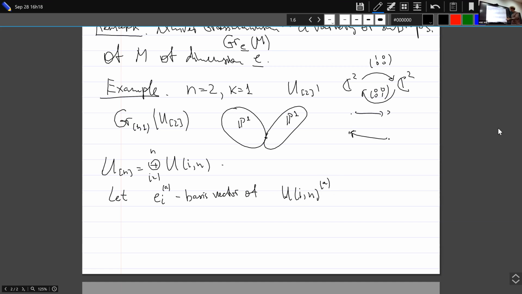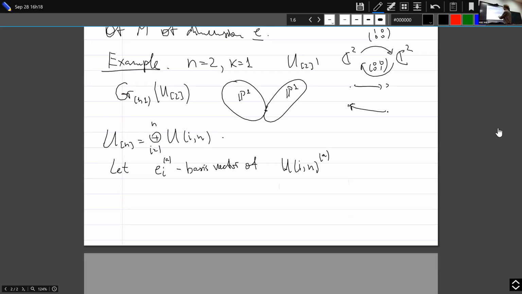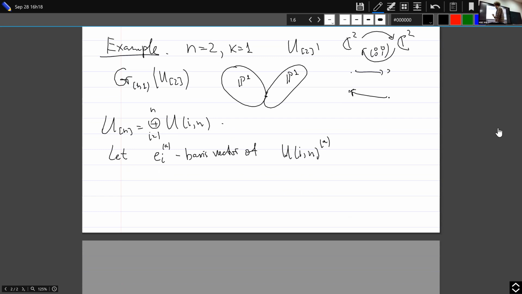Okay, so then I can say that in my representation, E_i^A is mapped to E_i^(A+1) if A is not i, and so 0 if A is i.